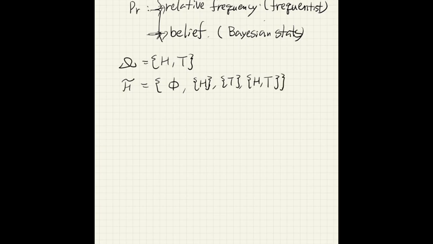So we define somehow a probability measure that satisfies the axioms of probability. For example, we can define this as the cardinality of the event divided by the cardinality of the sample space. And of course, the cardinality of the sample space is 2.